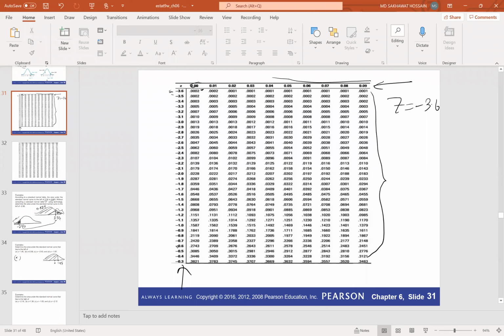Okay, so for example, if you look at this area 0.0002, actually this is the area to the left of -3.6, and the second digit is 0. So that means this is -3.6. So this area is 0.0002.